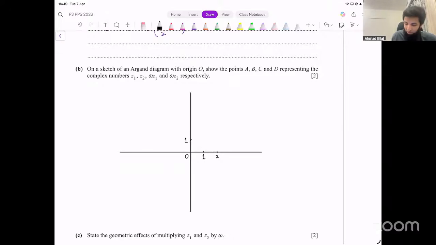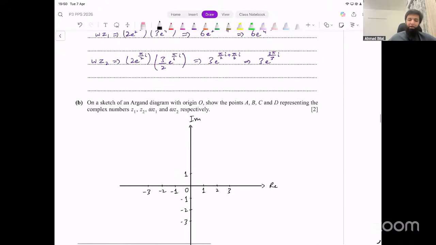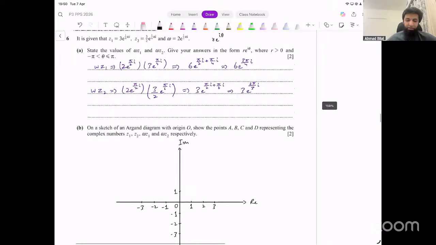So 1, 2, 3, -1, -2, -3. Similarly, on the left side, -1, -2, -3. This is imaginary axis. It's necessary to label the axes. This is real axis.